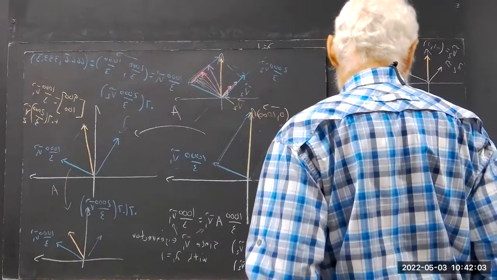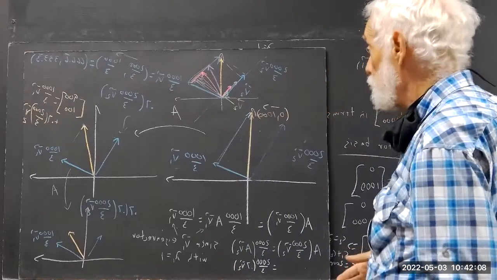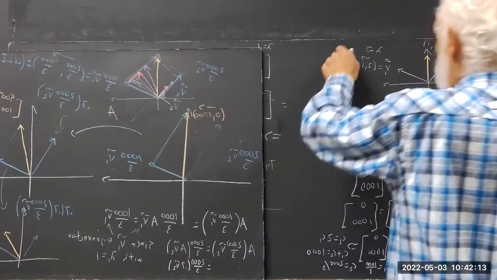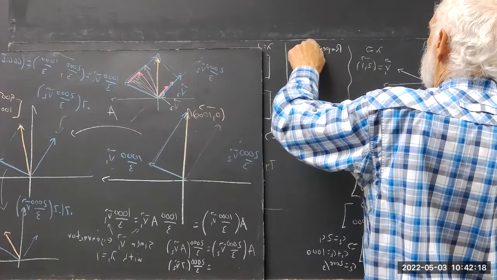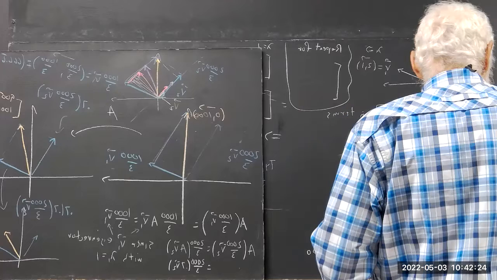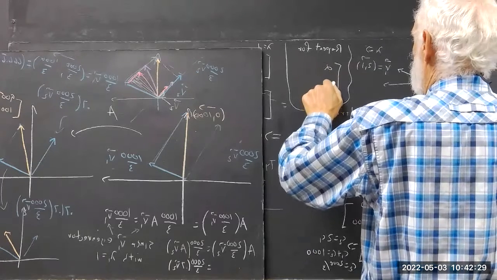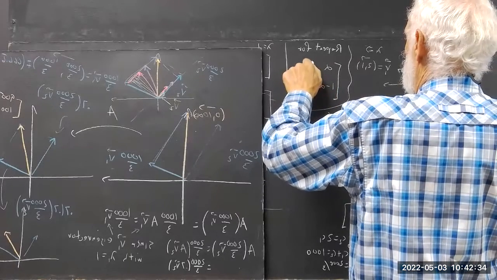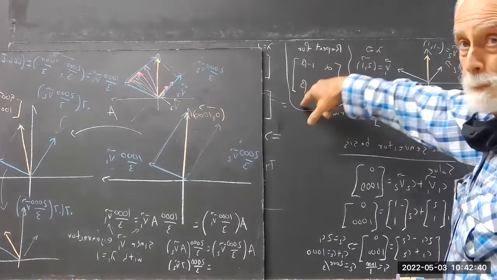So do it for the matrix (alpha, 1 minus beta; 1 minus alpha, beta).